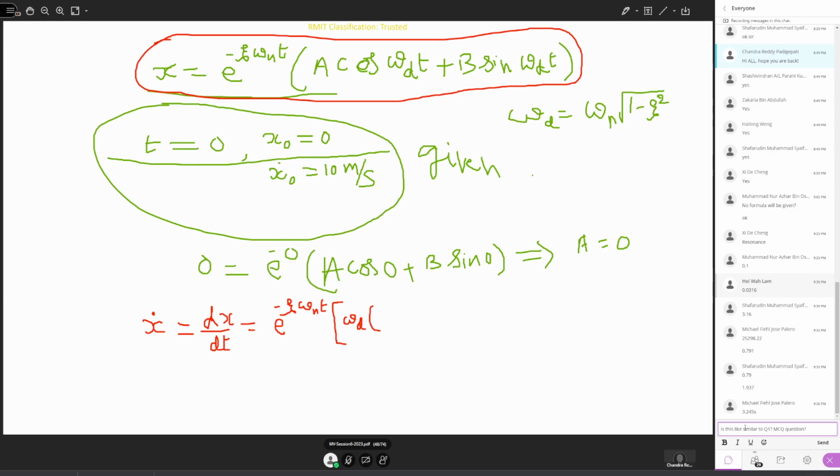Then a cos omega t becomes minus, so minus a sine omega d t.